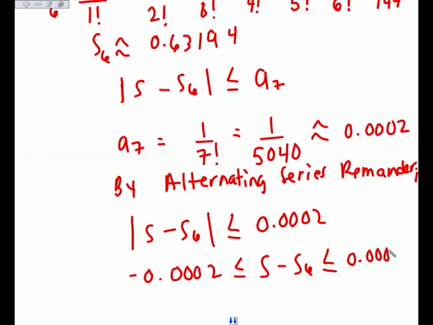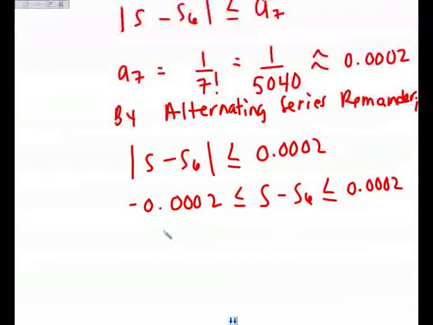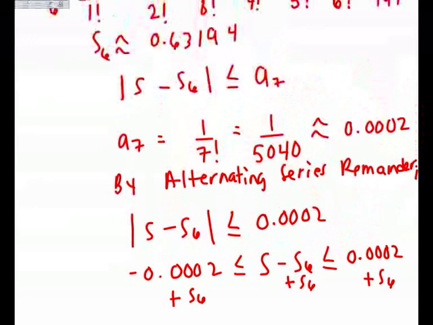And we could say then that s, if we were to add s sub 6 to both sides here, and wait a second, what was s sub 6? There it is right there. So our s sub 6 was 0.63194.